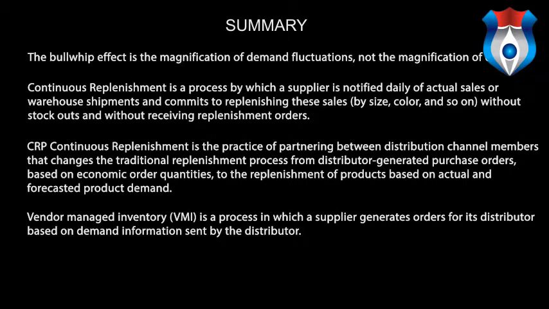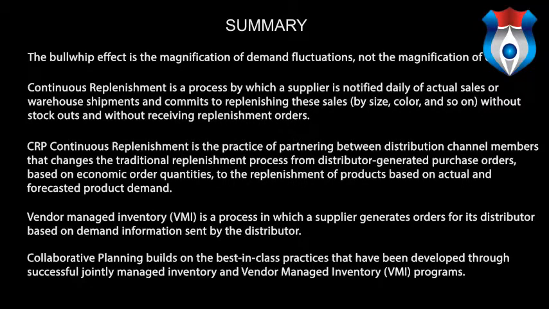Vendor managed inventory (VMI) is a process in which a supplier generates orders for its distributor based on demand information sent by the distributor. Collaborative planning builds on the best-in-class practices that have been developed through successful jointly managed inventory and vendor managed inventory (VMI) programs.